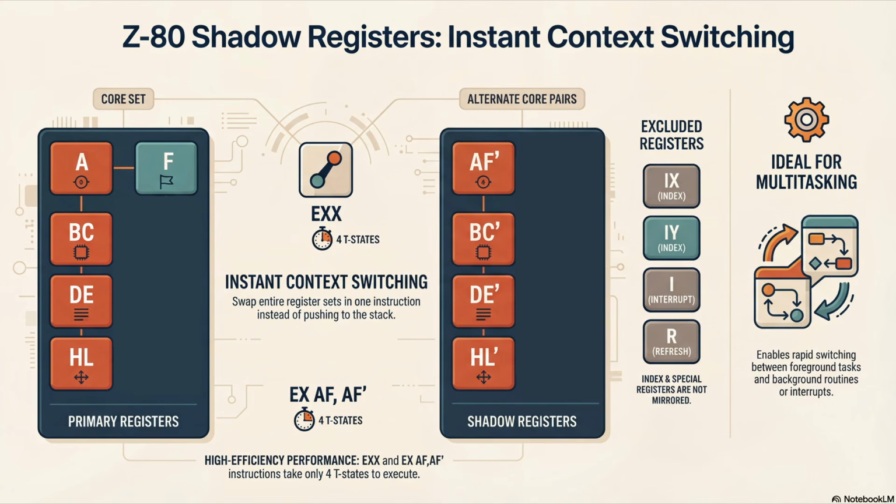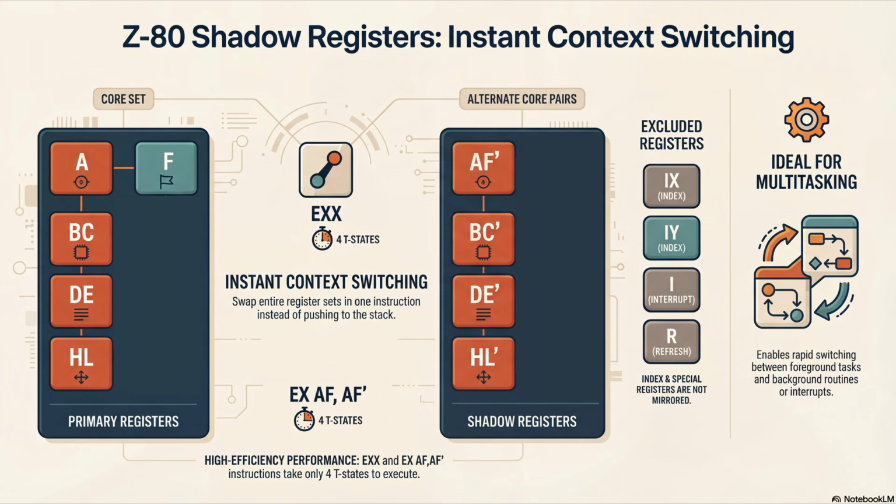The dilemma for programmers was how to park what the processor was working on while switching context to the new activity. Without the shadow register set, this had to be done by pushing all the registers onto the stack and retrieving them later.